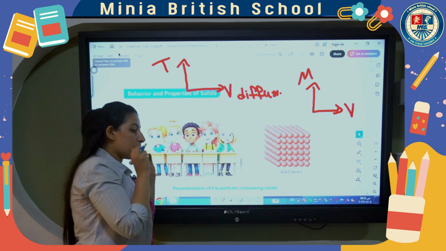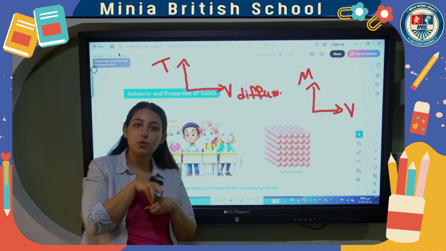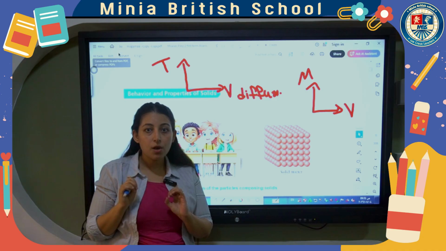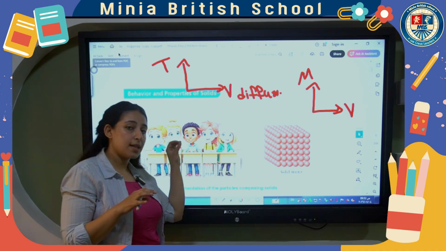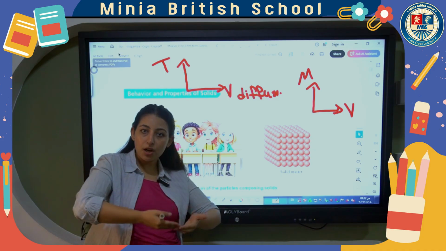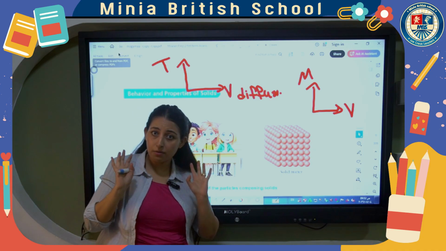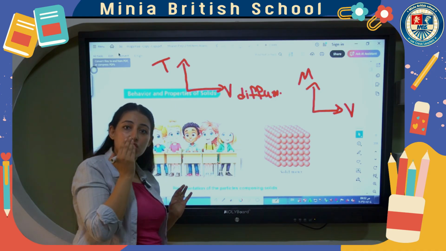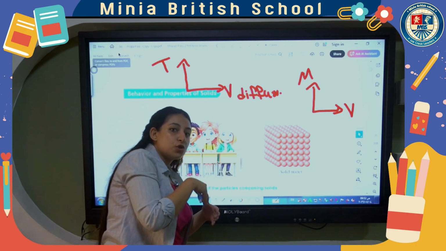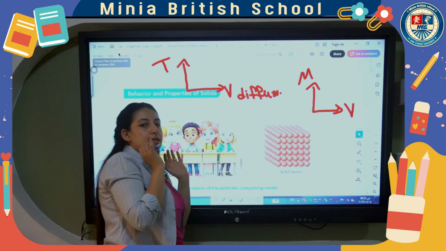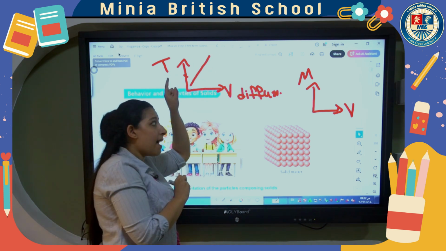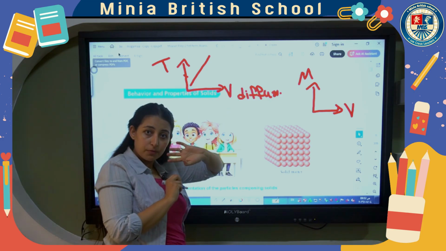First we said when we put a packet of tea inside hot water, the molecules of tea spread quickly inside hot water, while in the cup which contains cold water, the particles of tea take longer time to spread inside the cold water, right? So by increasing the temperature of the medium, the velocity or the speed of diffusion inside it increases also. So there is a direct relation between the temperature and the speed of diffusion.